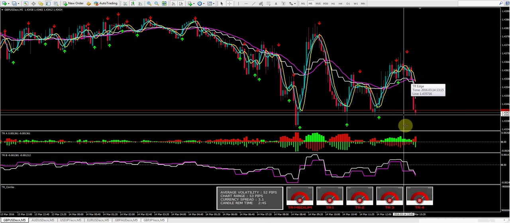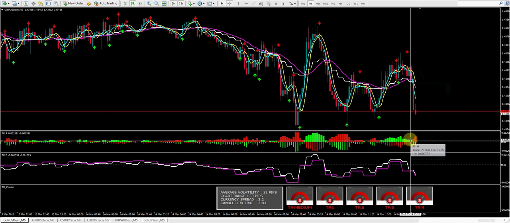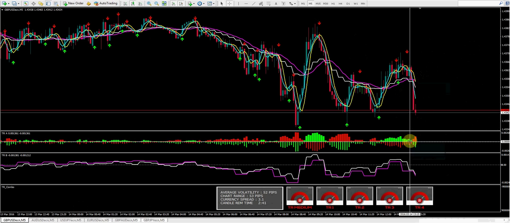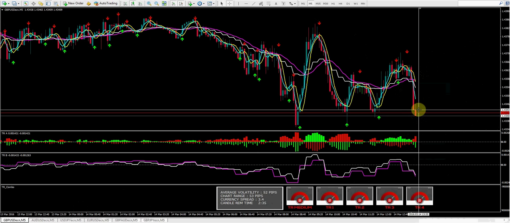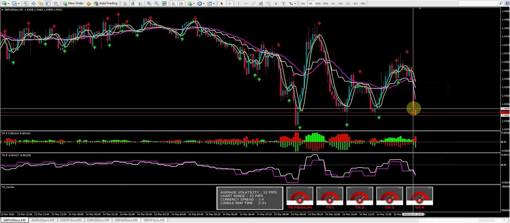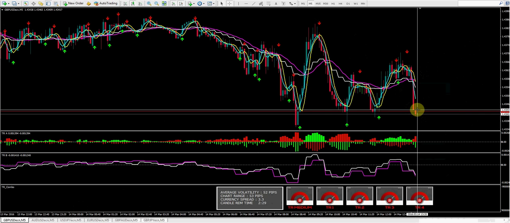Actually, on second look, this is green. So we would not have gotten in on that bar. All right, so the first opportunity to actually get in would have been on this bar right here.